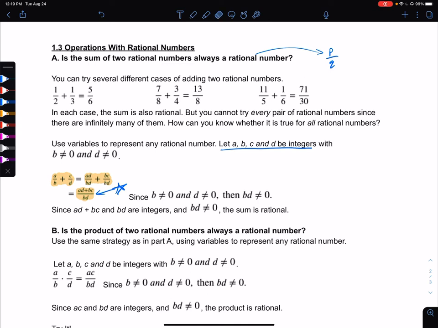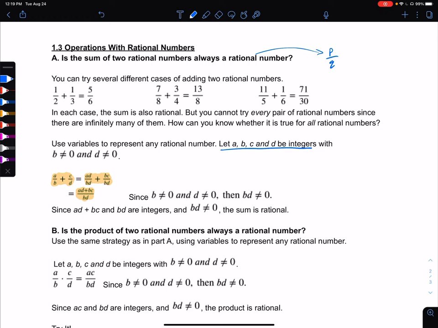Since we're multiplying integers, and this is kind of an assumption that they make, that you know, ad plus bc and bd are all integers, and bd cannot be 0, we already mentioned that, then the sum has to be rational.